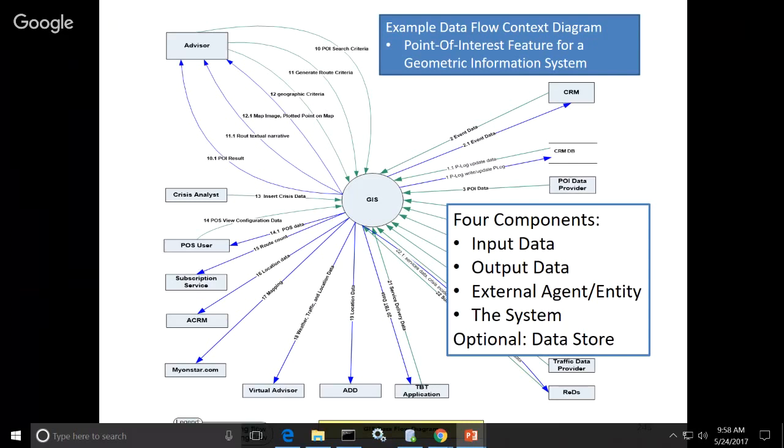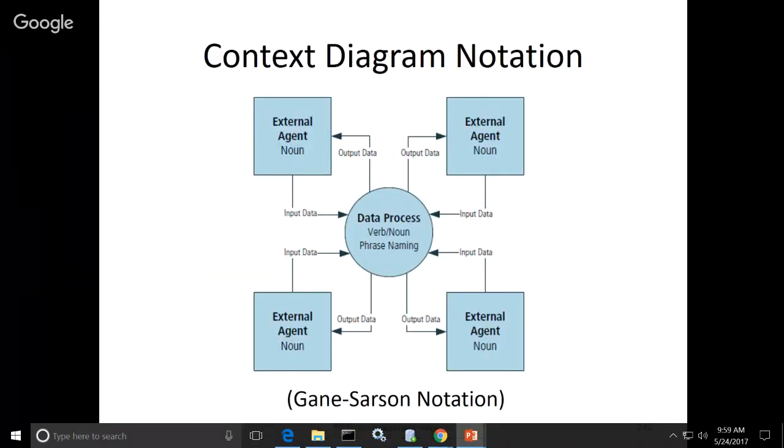There's lots of interfaces going on here. And that is still using the Gane-Sarson notation basically. Exactly, with external things represented in rectangles or squares, and the process inside being represented in a circle. Correct.